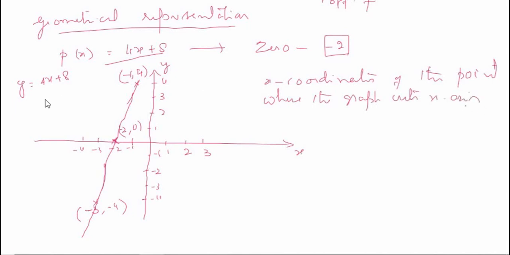So in the case of a linear polynomial, if you draw the line, where it cuts the x-axis, the x-coordinate of that point is the 0 of the polynomial.